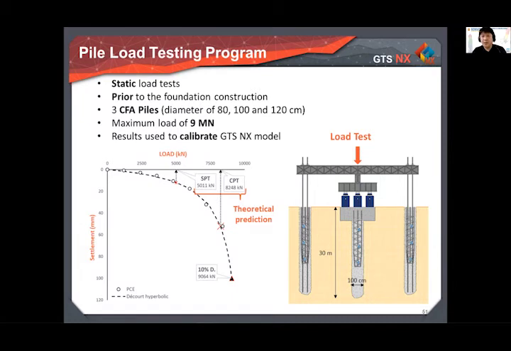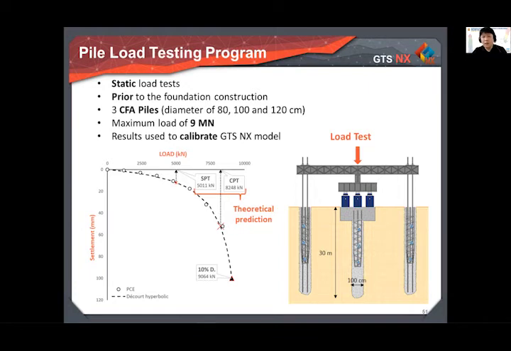The figure on the right shows the test scheme, which is basically composed of the test pile and the reaction piles. The program of pile load testing included 3 continuous flight auger pile tests to a maximum load of close to 9 meganewton.